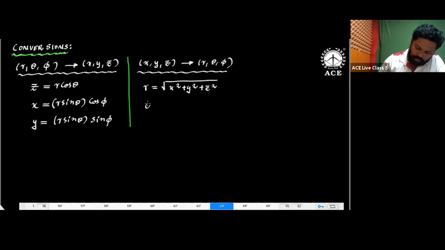What is this theta? Cos inverse of z by r. And what about the phi? Just take the ratio of these two, you will get tan inverse of y by x.